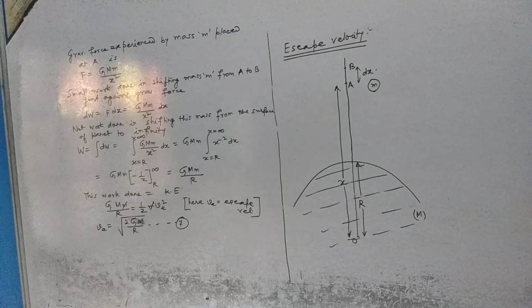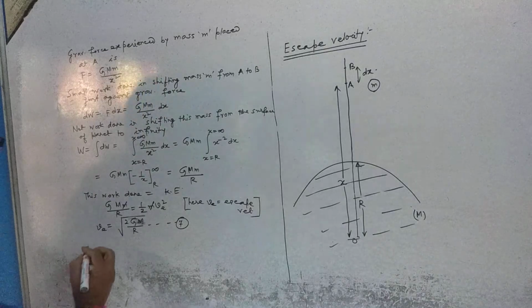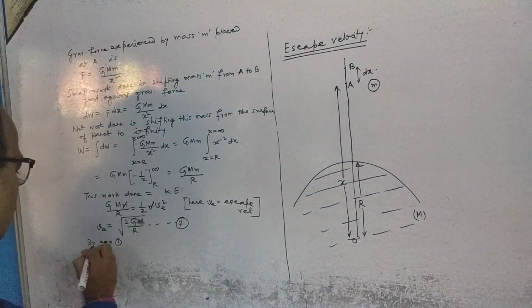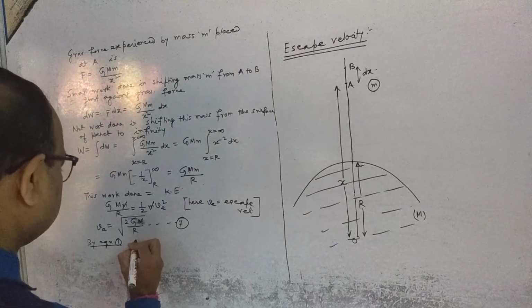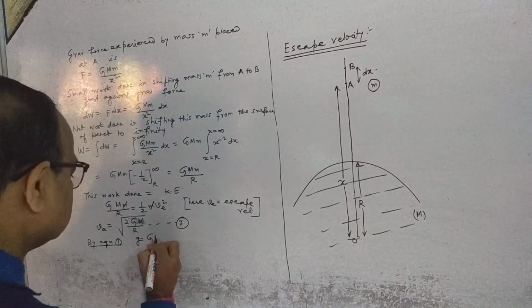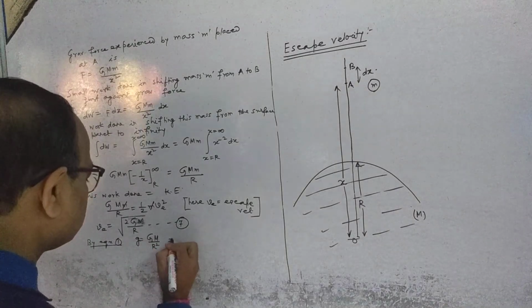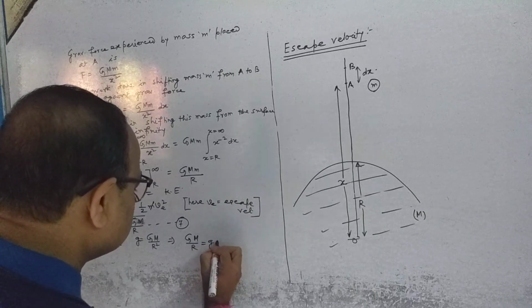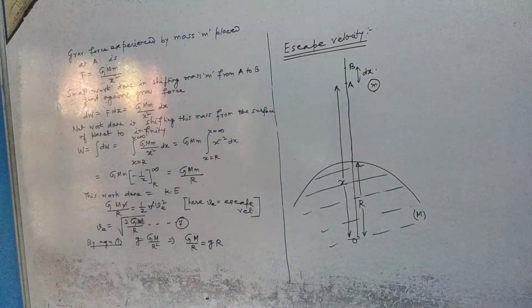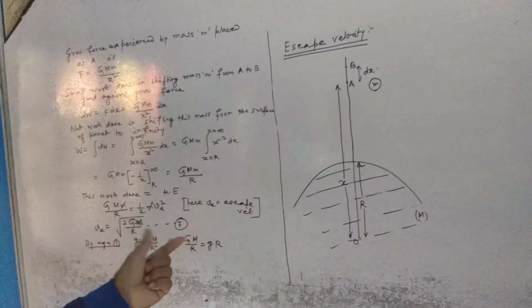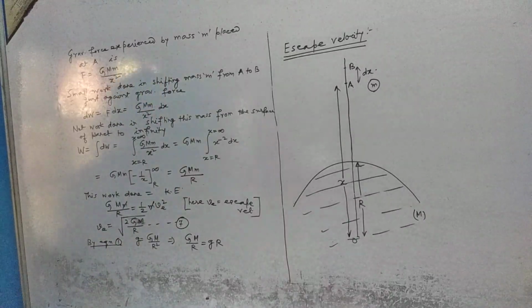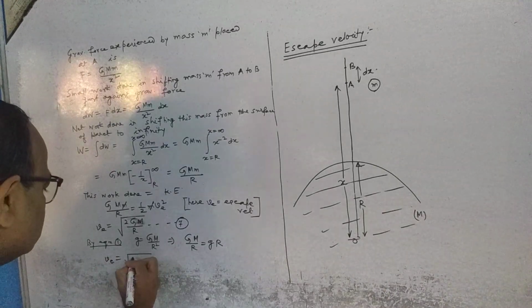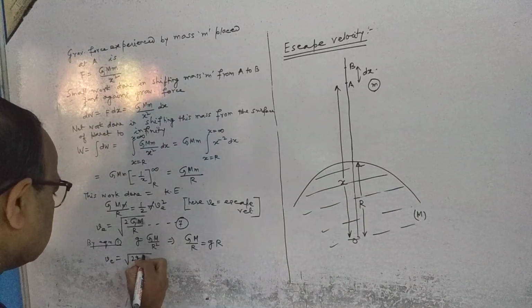Right. Now we can say by equation 1, you go back to equation 1. Small g is equal to capital GM by R square, which implies capital GM by R is equal to g into capital R. From equation number 1, थोड़ा सा mathematical rearrangement, then what we shall get? vE should be equal to root 2gR.